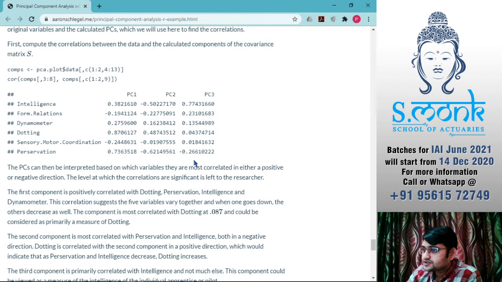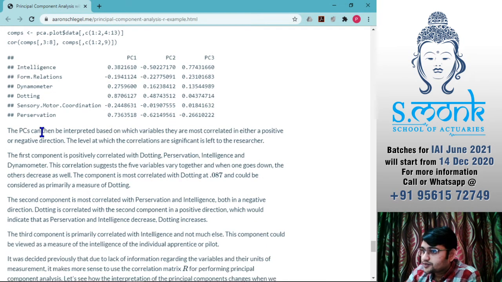This is the correlation. Now principal components can be interpreted based on which variable they are most correlated with, in either a positive or negative direction.